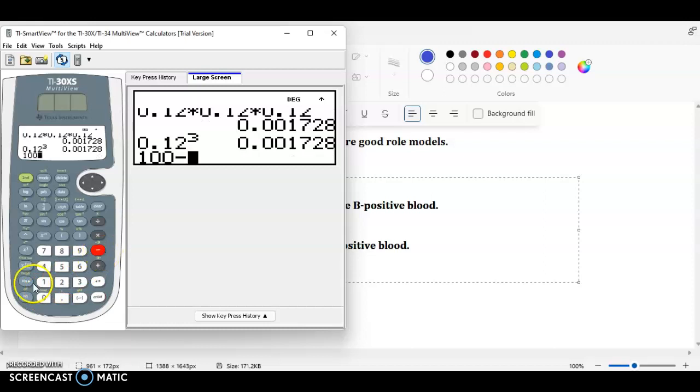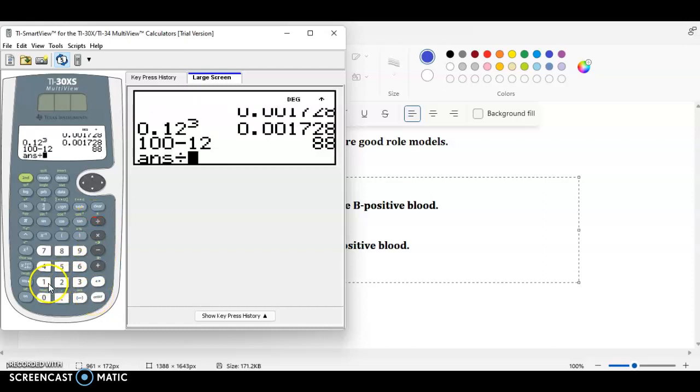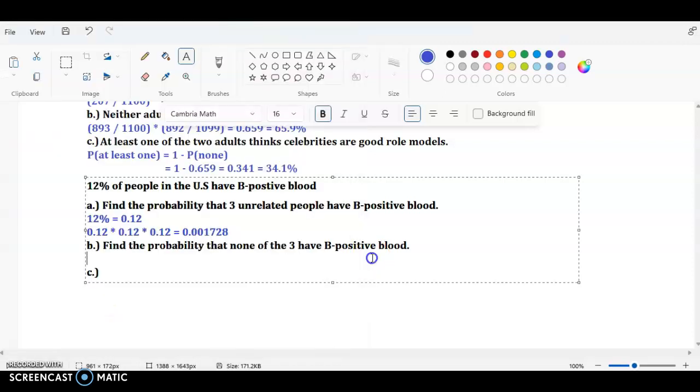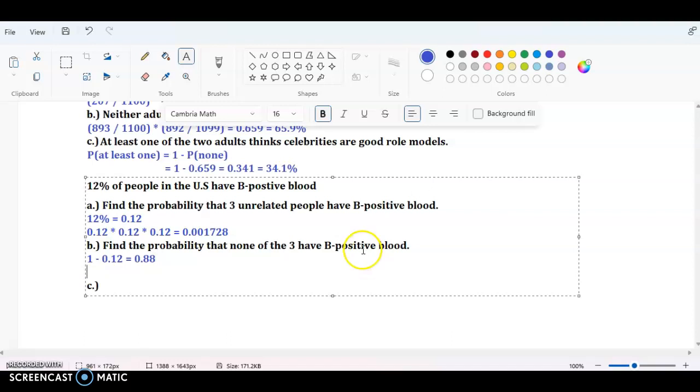So 100% minus 12, we know that 88%, or 0.88, don't have that blood type. So 1 minus 0.12 is 0.88. The complement of having this blood type is not having that blood type. So it's simply 1 minus 0.12, which is 0.88.